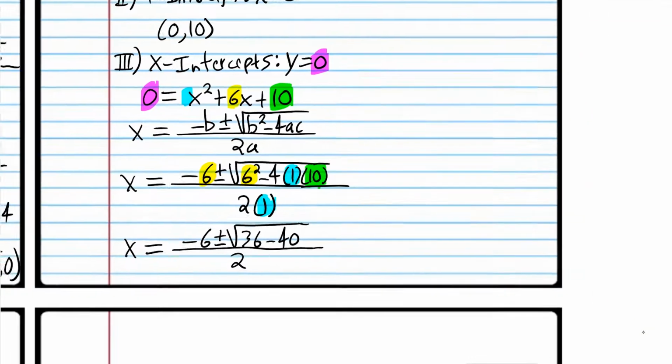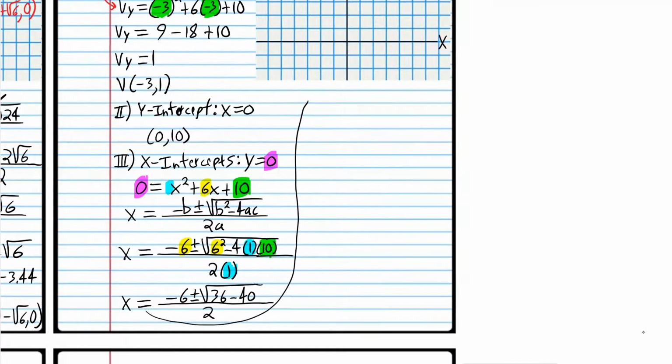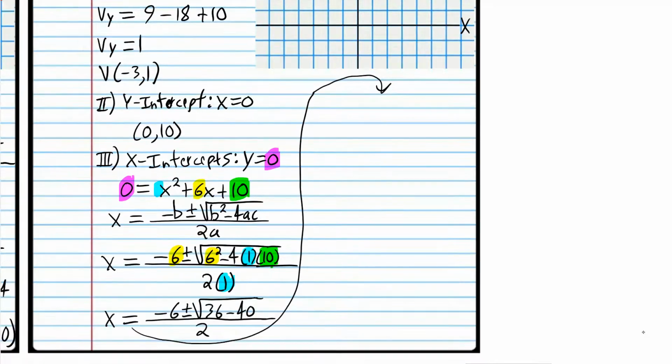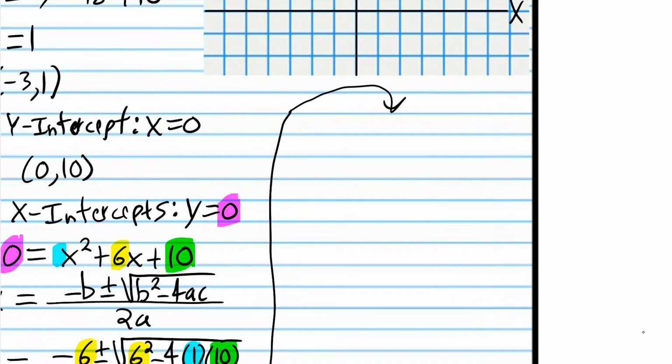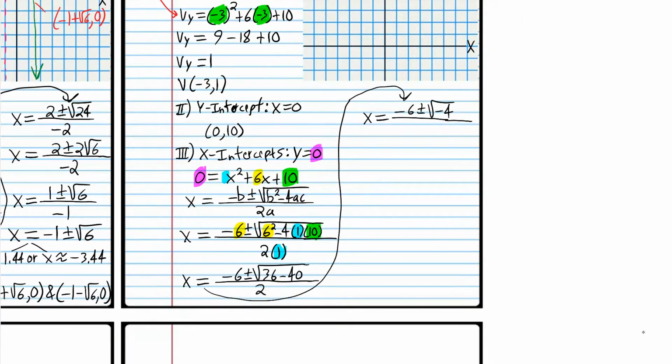And obviously we're out of room, so we're going to go up here and continue to simplify. So x is equal to -6 plus or minus root -4, and that should throw up a red flag because we have a negative inside the root.